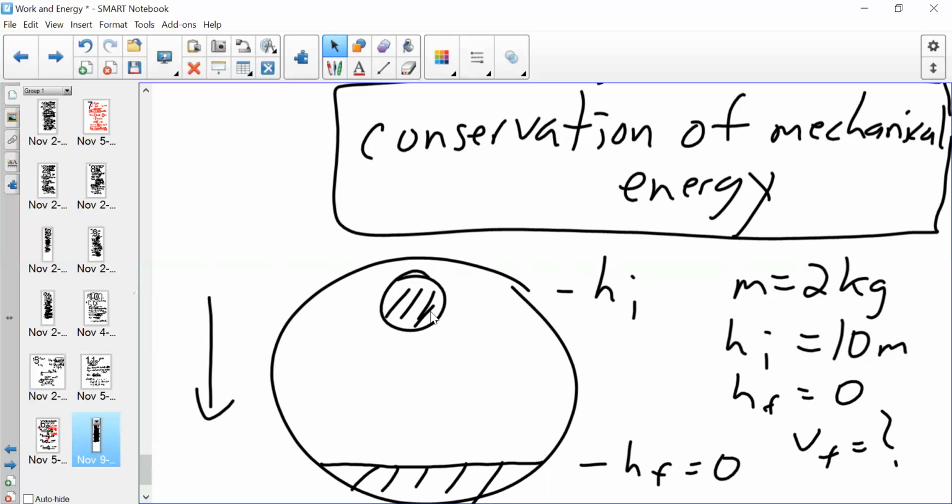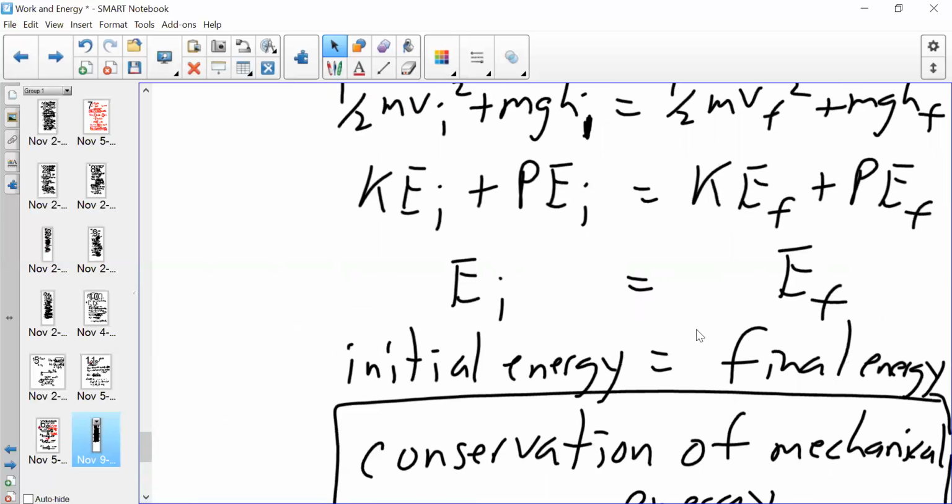Potential. Yeah. Because remember, potential energy is the energy of position. Kinetic energy is the energy of motion, velocity. So you accurately, that's correct, Emmanuel. So you can wipe out the KE term here.